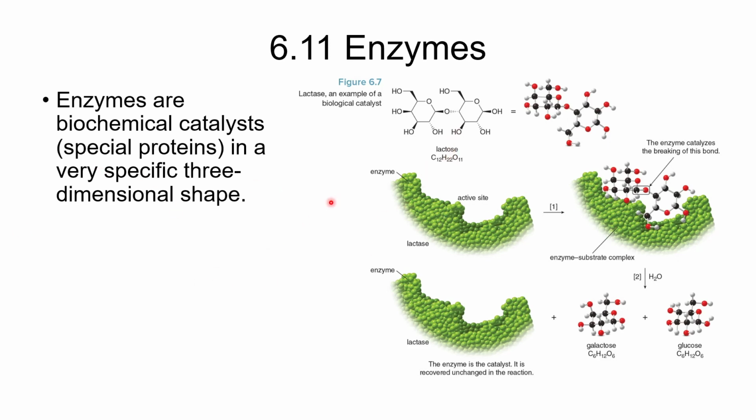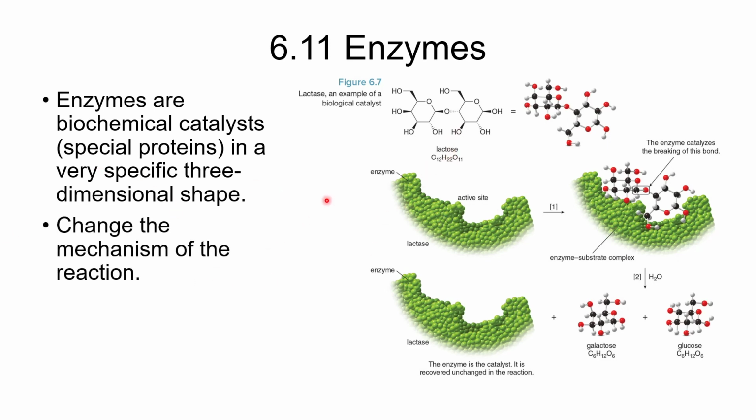So it changes the mechanism of the reaction by doing this, and as I mentioned, the molecule fits into this little pocket. It allows the reaction to occur, and then our molecules can go off and be these monosaccharides instead of being this disaccharide. The enzyme is ready to do another one.